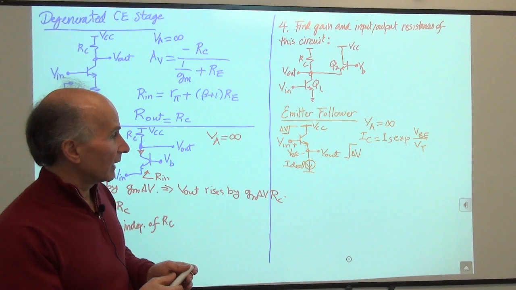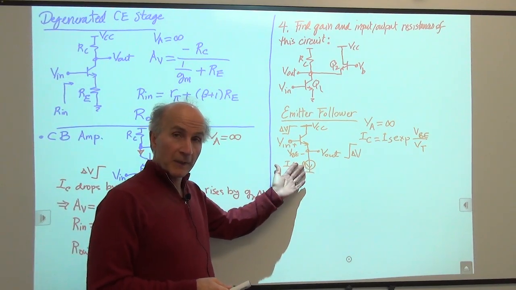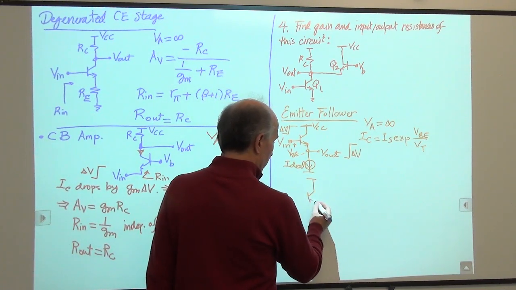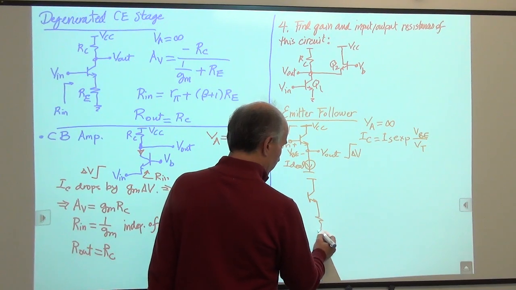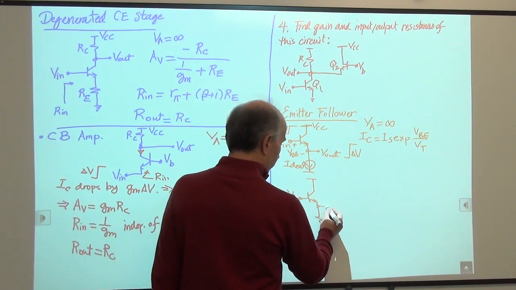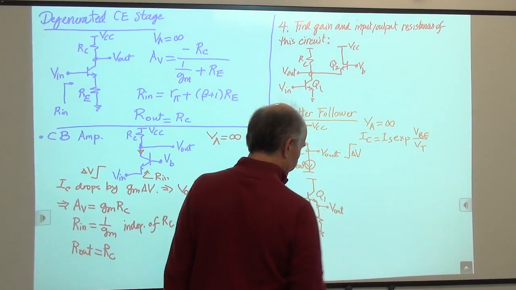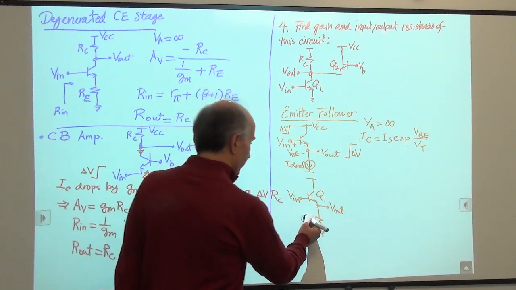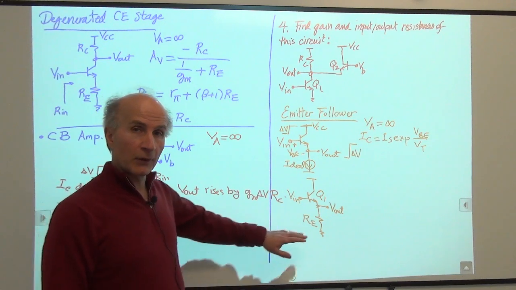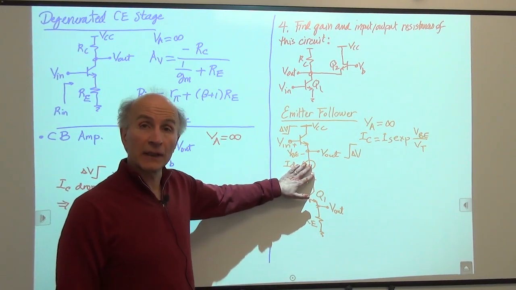Okay. In reality, this current source may not be ideal, or it might be replaced by a resistor. So here's a more realistic situation of the emitter follower, V in and V out. So there is some resistance here, RE. This might be a physical resistance, or it might simply represent the output resistance of this current source if it's not ideal.